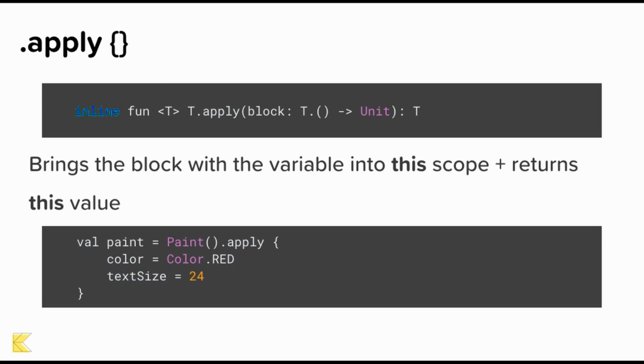But as soon as you put the .apply, you're changing the scope of the this value. It can be really confusing because at this point, you don't know which scope of this you're in. Are you referring to the activity, or are you within this block of the paint?